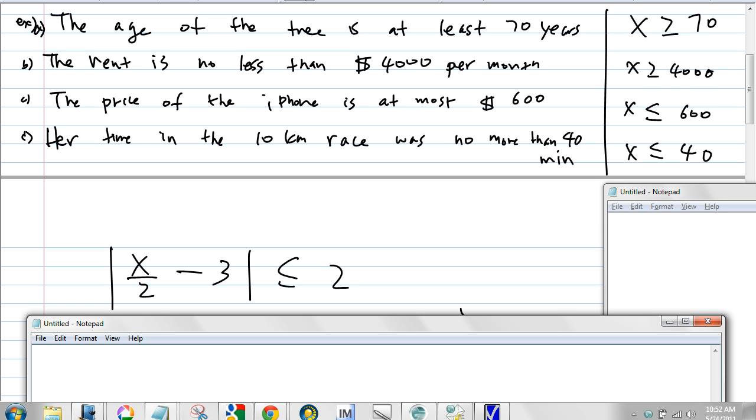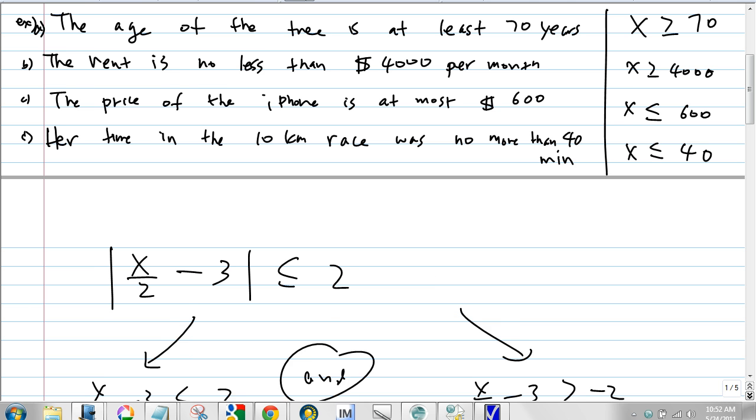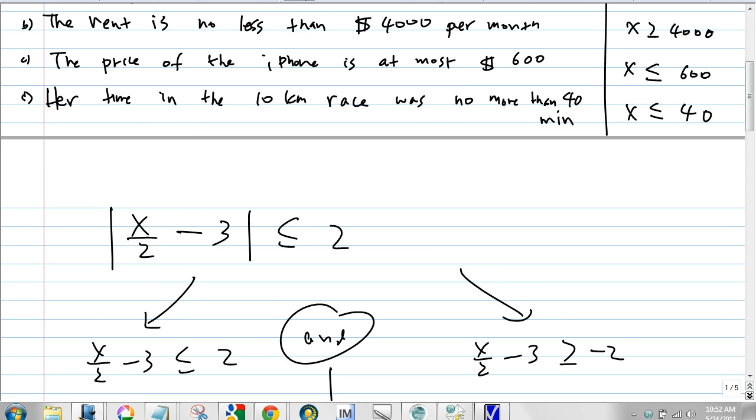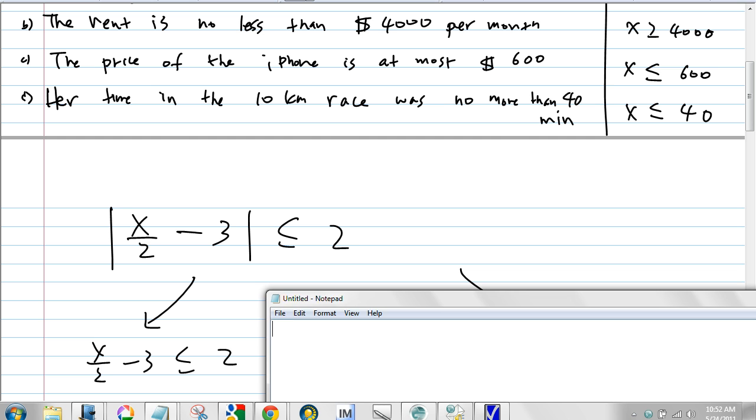That's wrong. The only thing that changes is the 2 becomes -2, and the inequality becomes the opposite for the other one. The first one looks exactly the same without the absolute value. And then for the other one, you keep the thing inside the absolute value exactly the same, but you reverse the inequality symbol and write the opposite of the number.